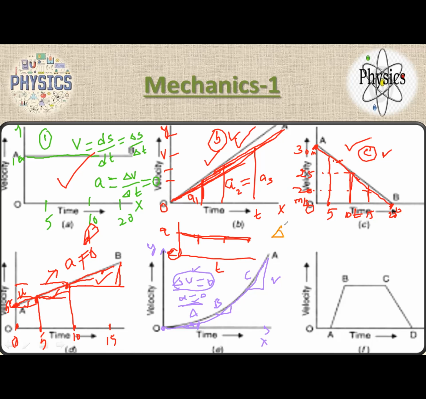Delta v equal to zero means final velocity minus initial velocity equals zero, or v1 is equal to v2. It is always the same. Whenever the velocity is constant, acceleration equals zero, right? There should be a change in velocity for acceleration. Yes, sir. If there is no change in velocity, there is no acceleration.